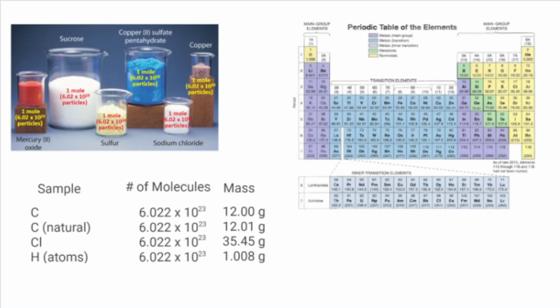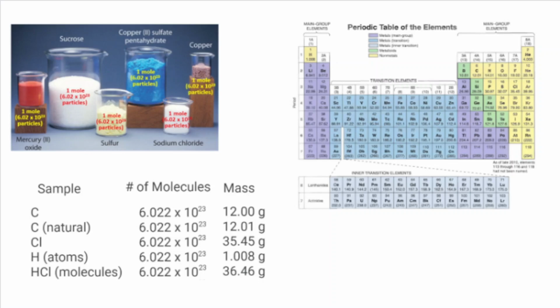Now, one thing we can also do with this is we can actually combine these, and we can figure out things such as the molar mass. So we can take the atomic mass of hydrogen, 1.008, and the atomic mass of chlorine, this 35.45, and we can actually go through and add these up, and we can get our molar mass of hydrochloric acid.